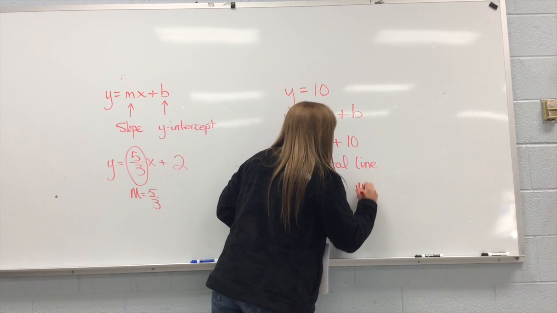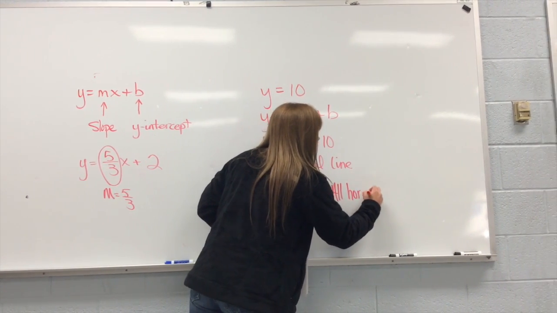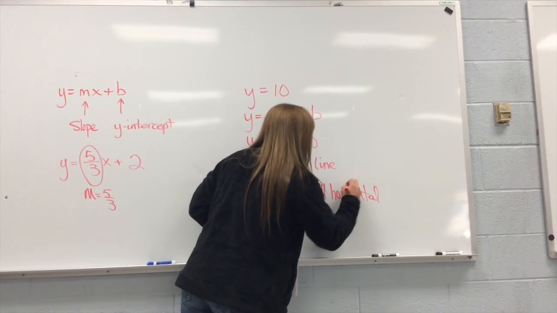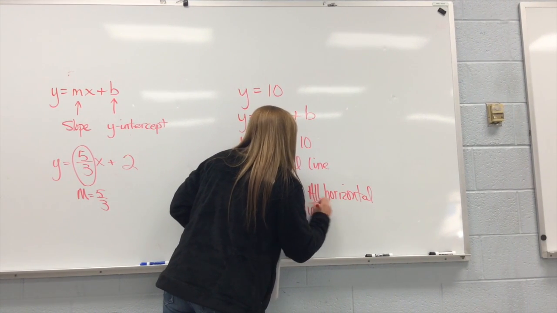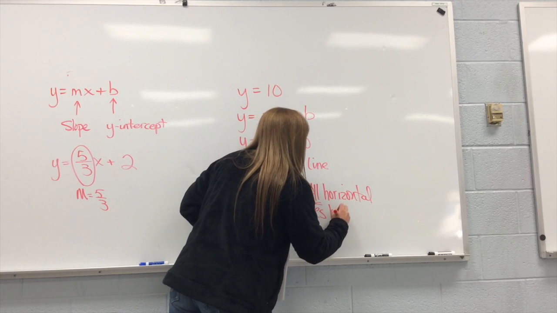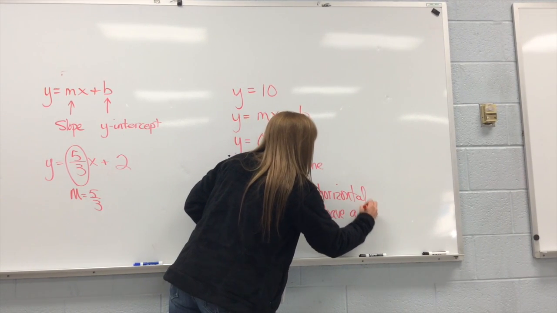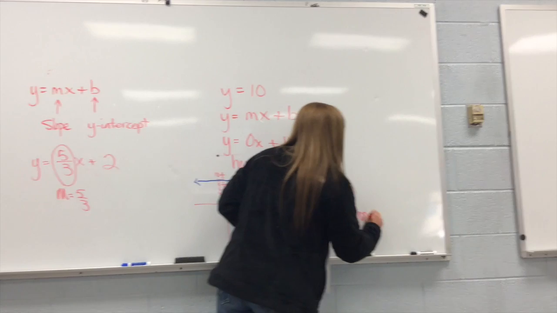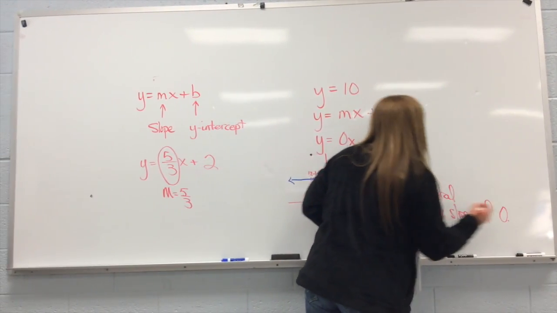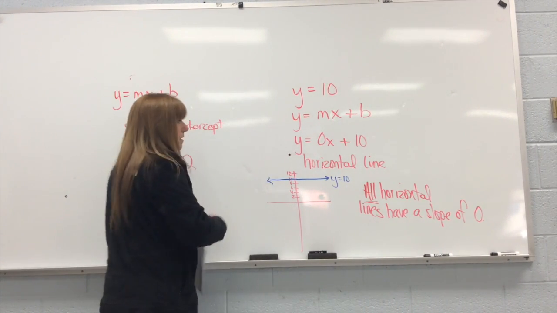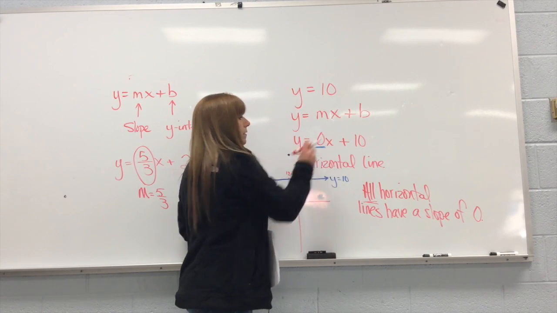And this is important, all horizontal lines have a slope of 0. Okay? And we can see that 0 right here.